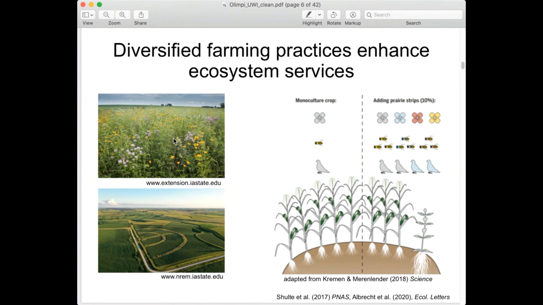But these effects are mediated through biodiversity. On the right, this infographic sums up a study in corn and soy rotations. So flower strips resulted in a 2 to 3-fold increase in insect and bird richness, pollinator, and bird abundance. They also reduced runoff by 37% and reduced erosion by 95%.